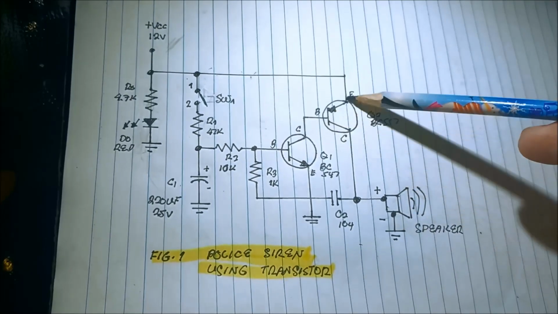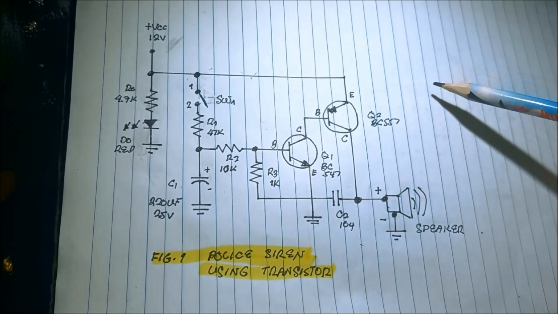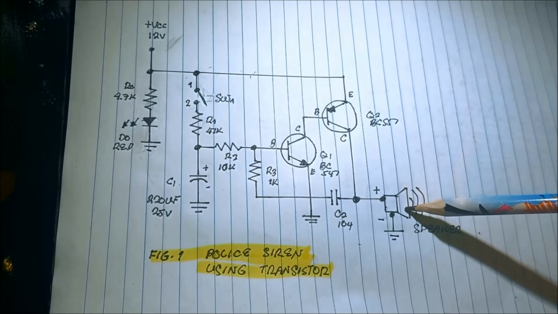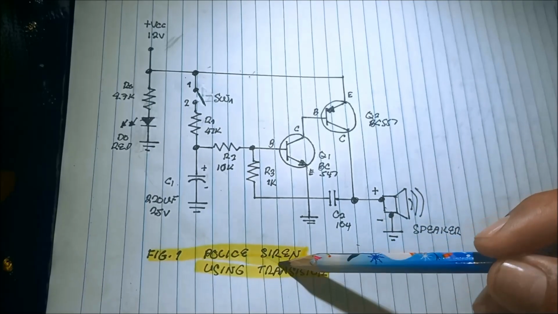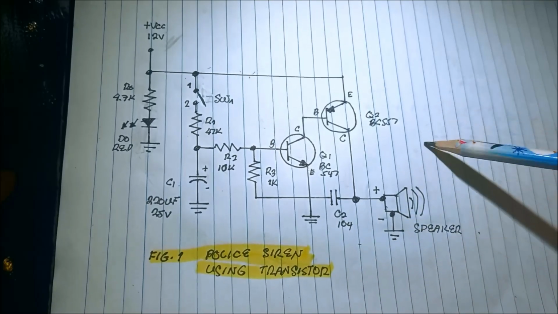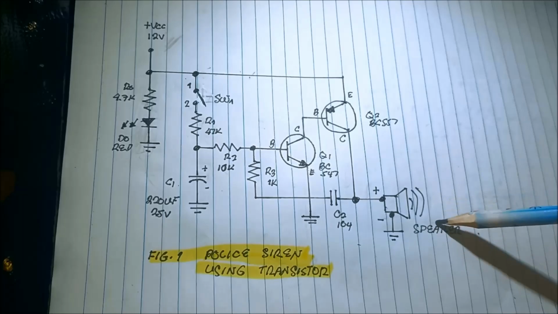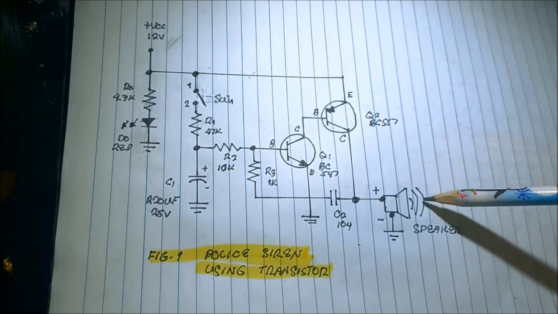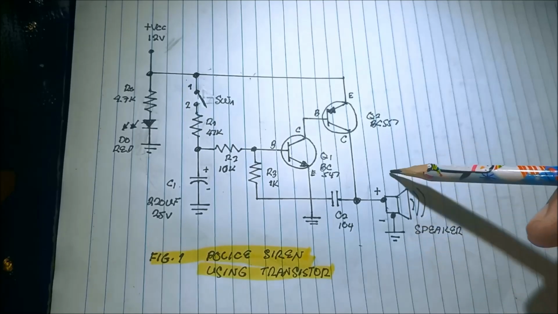So what is the working of the circuit? How does this become a police siren? How does the speaker work?